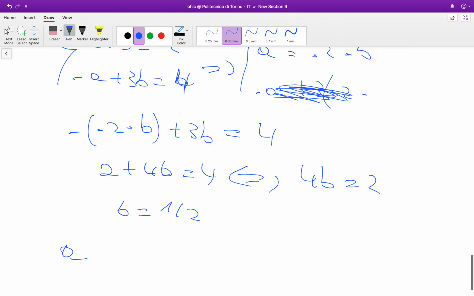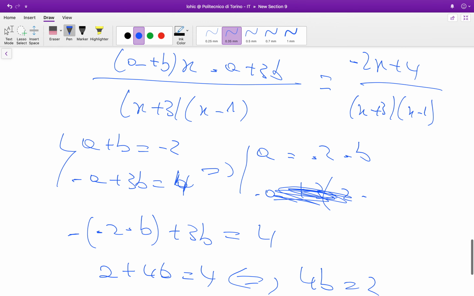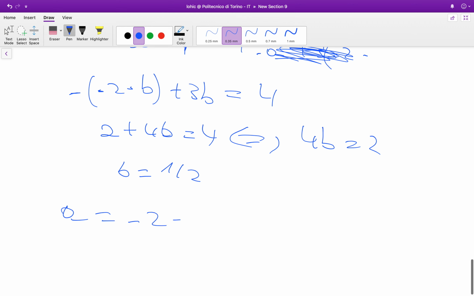Now as b is half, we get also that a is minus 2 minus half, equal to minus 5 half.